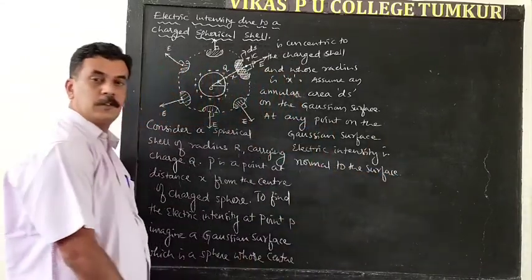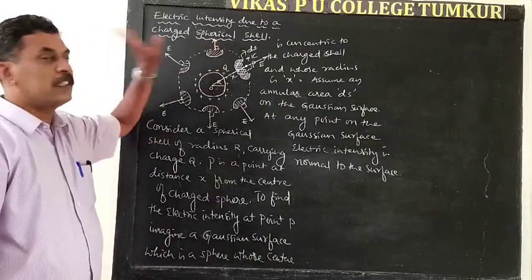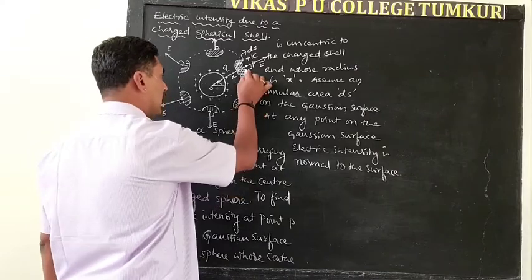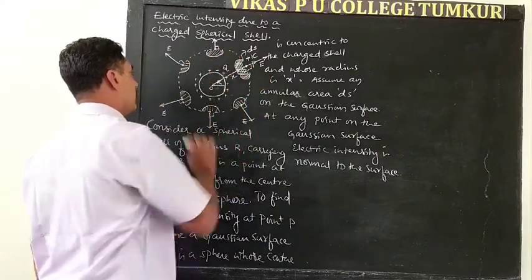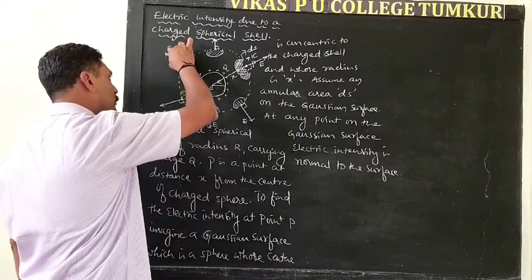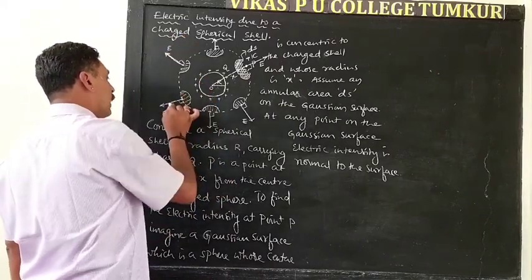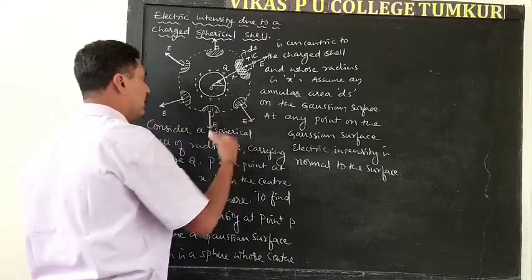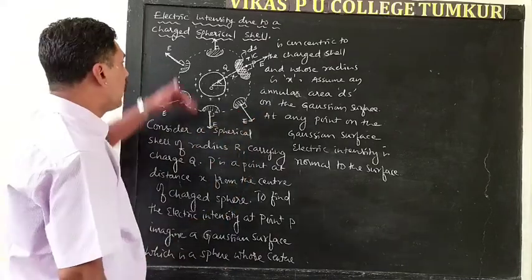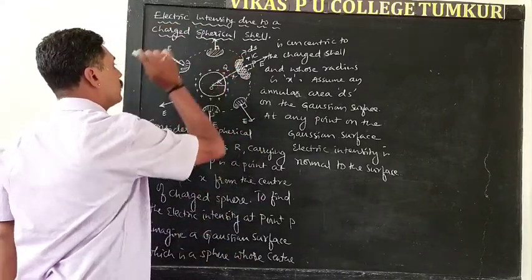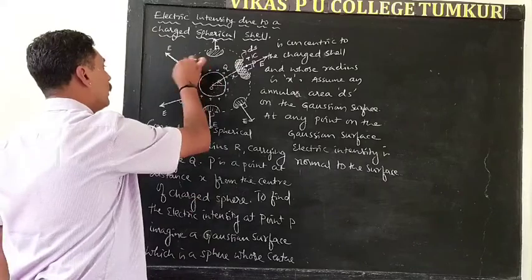Like this. So it is clear now. So no problem with this. Wherever I place the 1 coulomb charge on this Gaussian surface, the direction in which it is repelled shows us the direction of electric intensity, or the electric field line. And each electric field line on the Gaussian surface is normal to that surface. So it is normal.